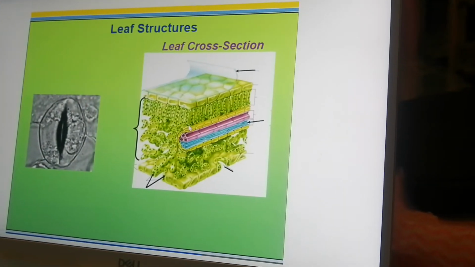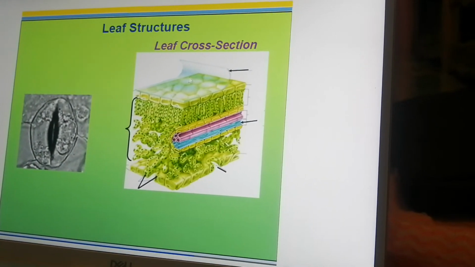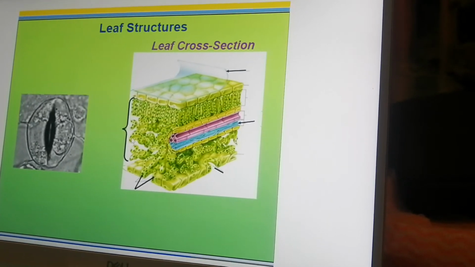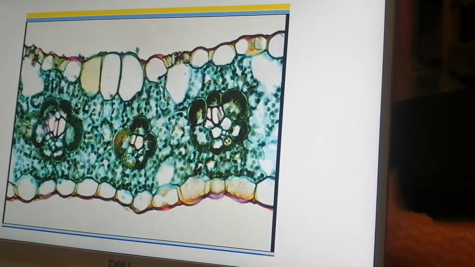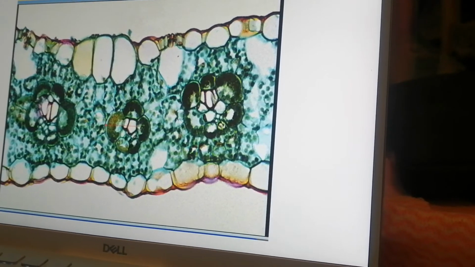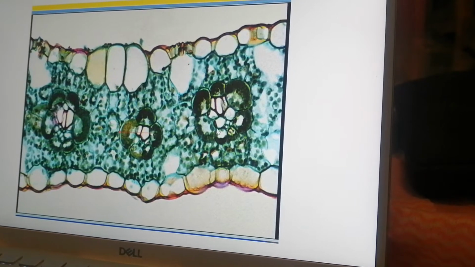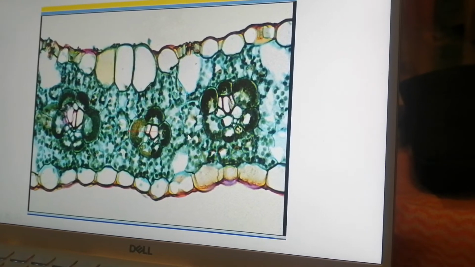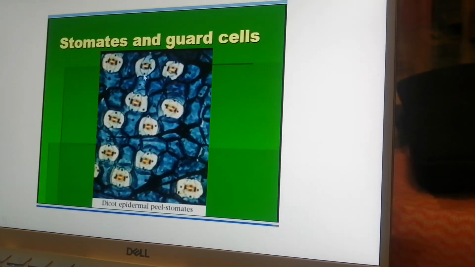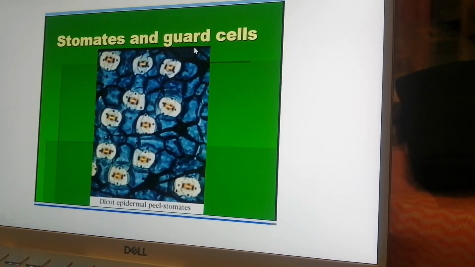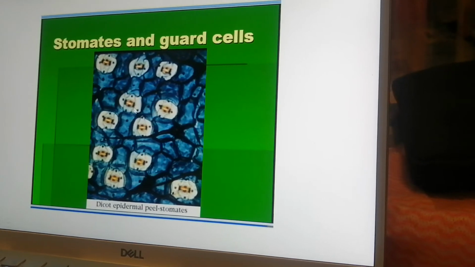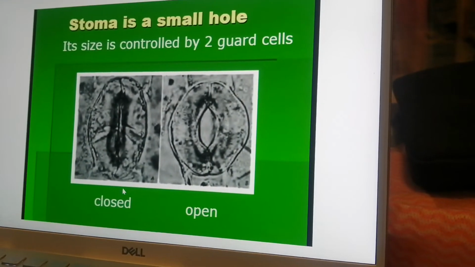So we have here the leaf structure, the cross section of the leaves, and the veins here. Okay, so it's a cross section of the leaves. Then the stomata and the guard cells, and we have the closed and open.